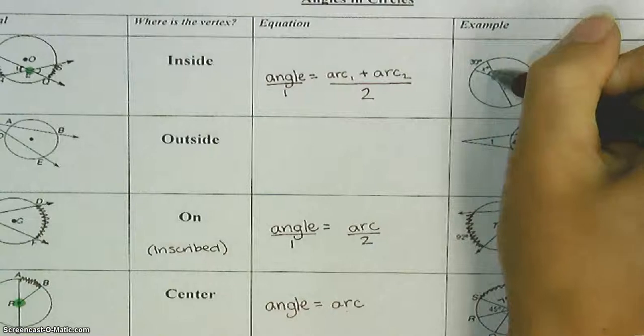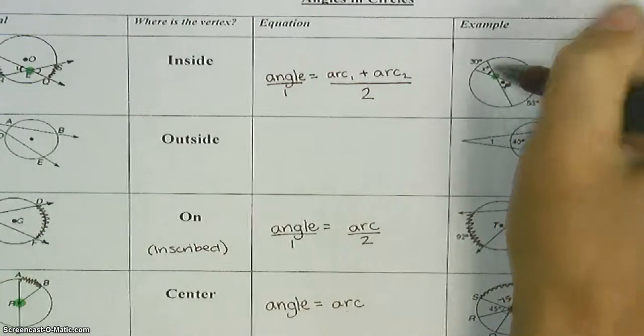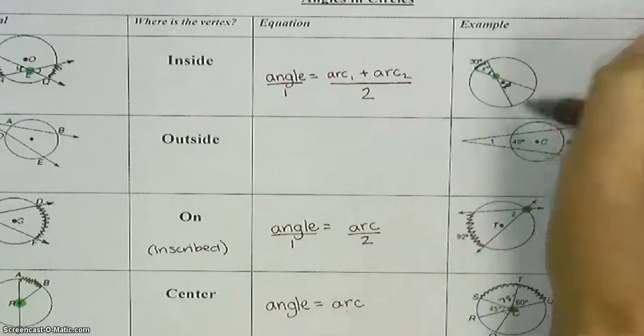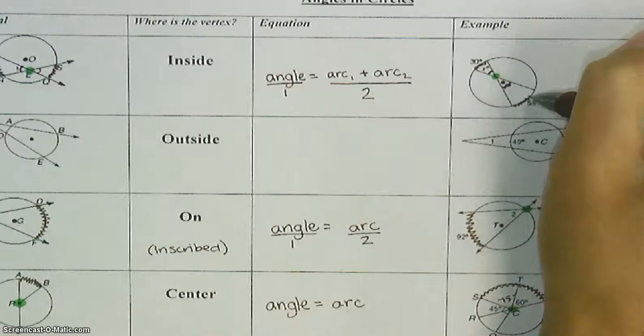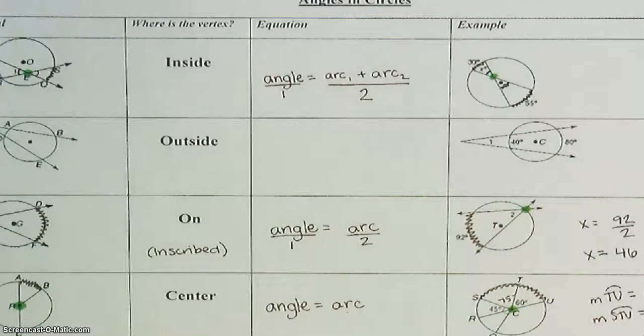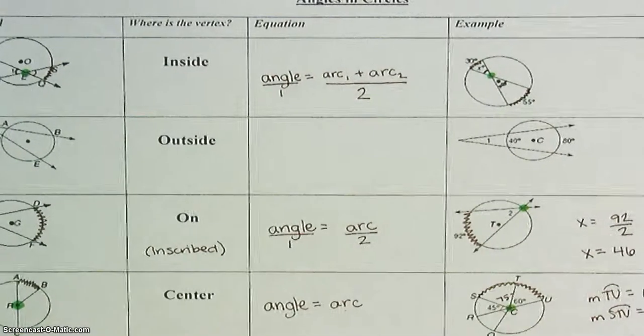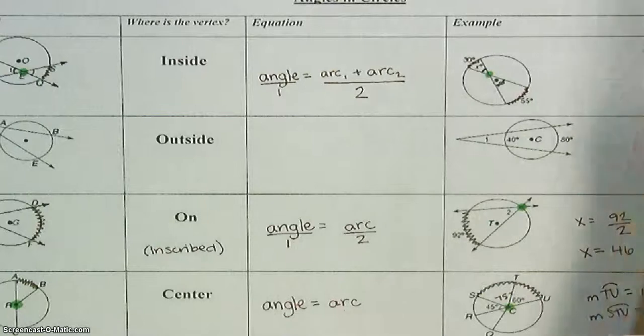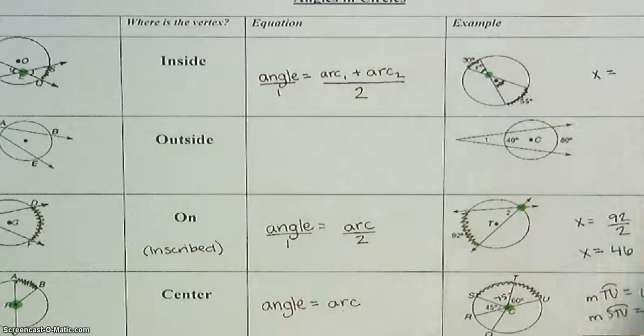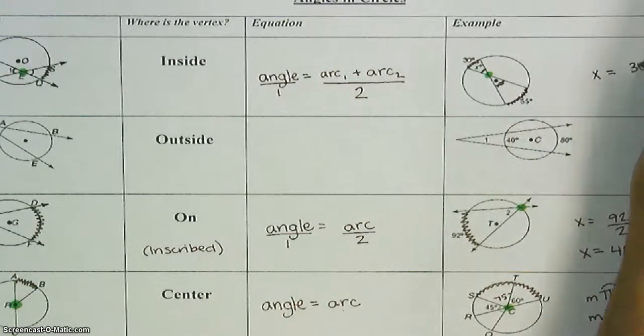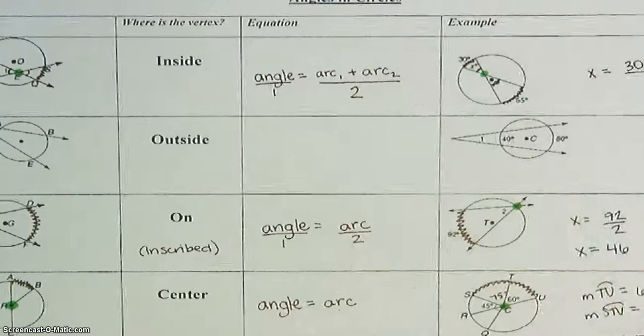Here's our angle, which is x. Here's its vertical. Here are the arcs that those angles are making. So we have to average those two together. Angle, what's the angle? The angle is x equals arc plus arc divided by 2.